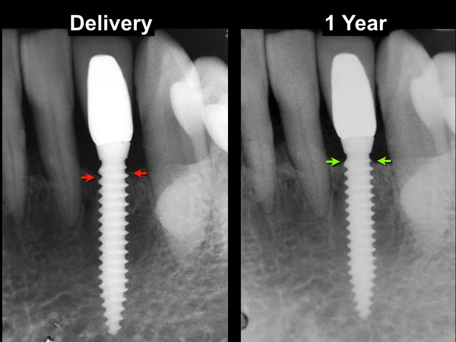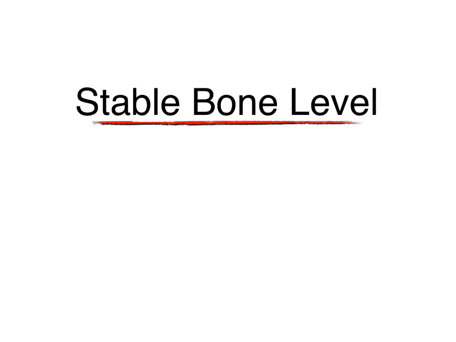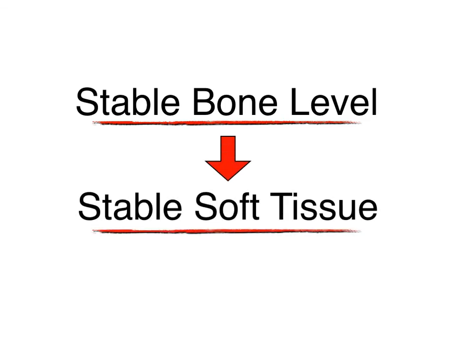So there has been about half thread gain on the mesial and full thread gain on the distal side. Stable bone level explains why the soft tissue stays the same, rather than the typical soft tissue recession we see on implant cases.